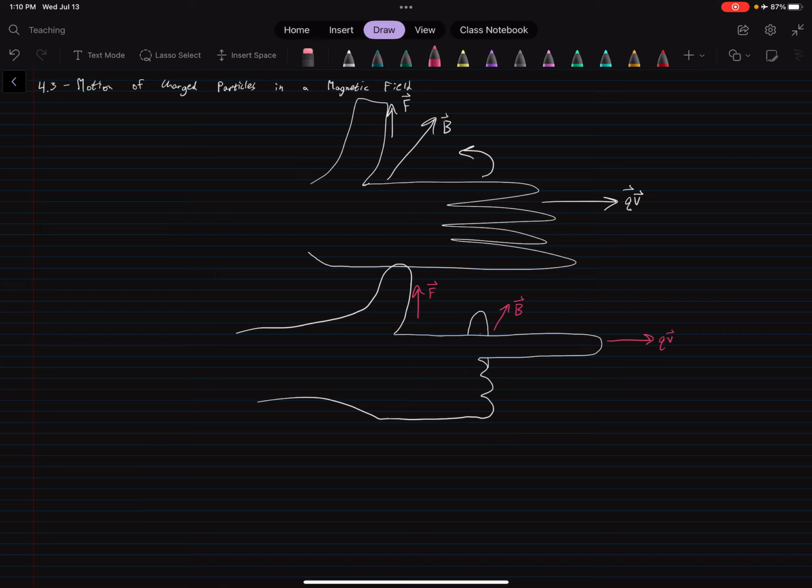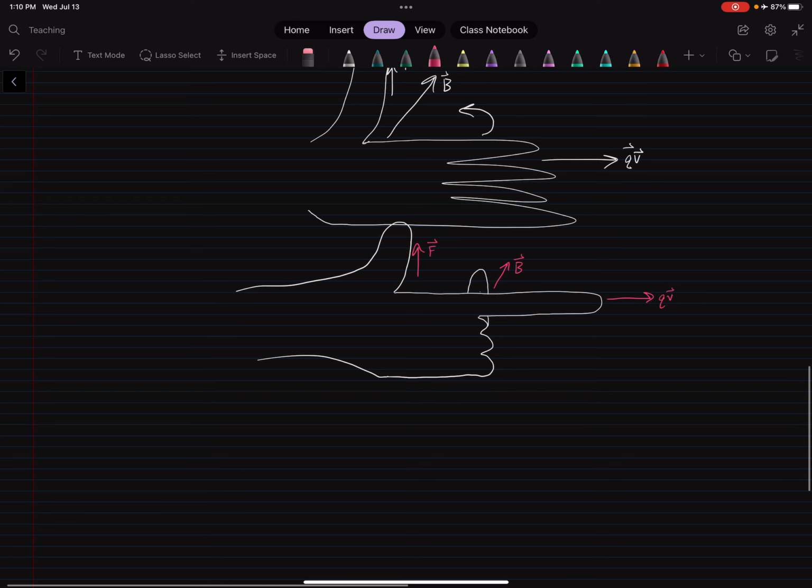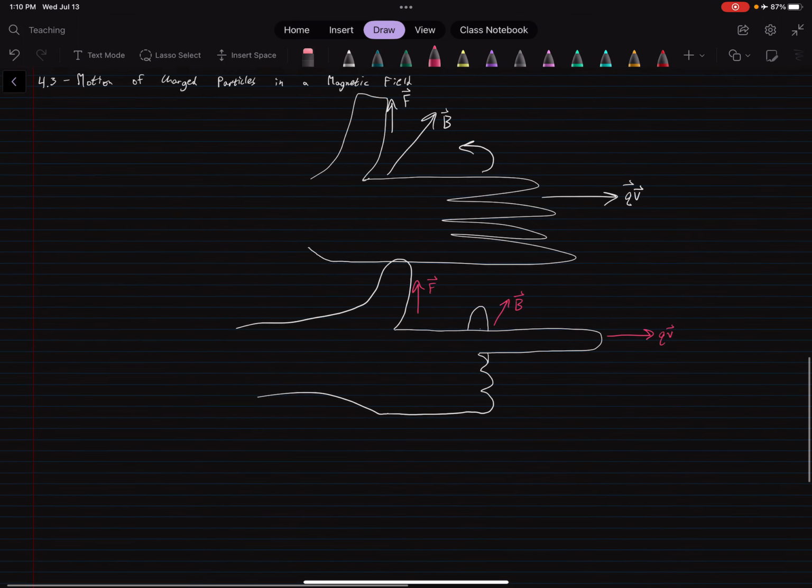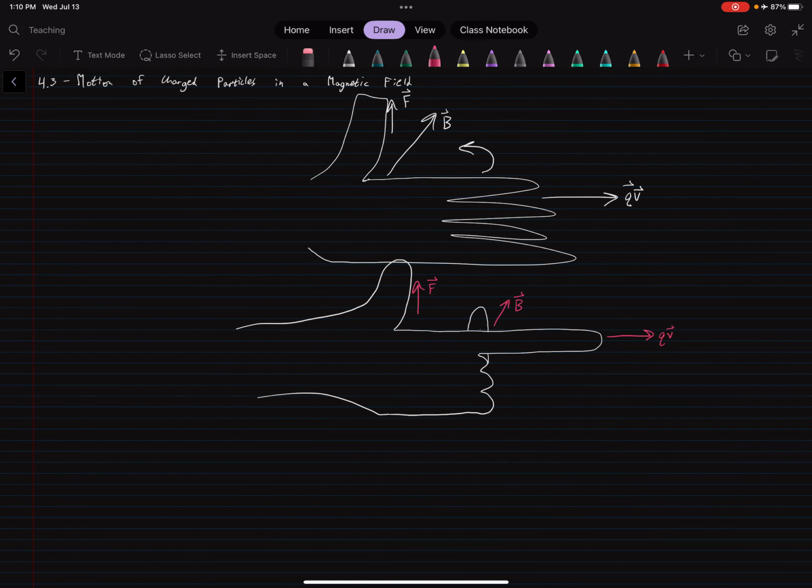You just hold your 3 digits, your pointer finger, your middle finger, and your thumb orthogonal to each other in this arrangement that I've tried to draw. And you point your pointer finger along the direction of current, or the movement of the charge, QV, and you put your middle finger in the direction of the magnetic field, and then your thumb points in the direction of force. There's also one that involves your whole arm. I'm not going to attempt to draw that, but just know that they're all the same. It's just the right-hand rule.